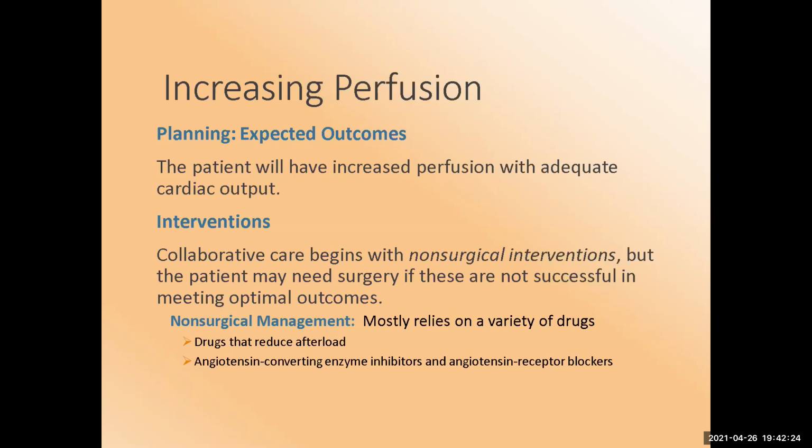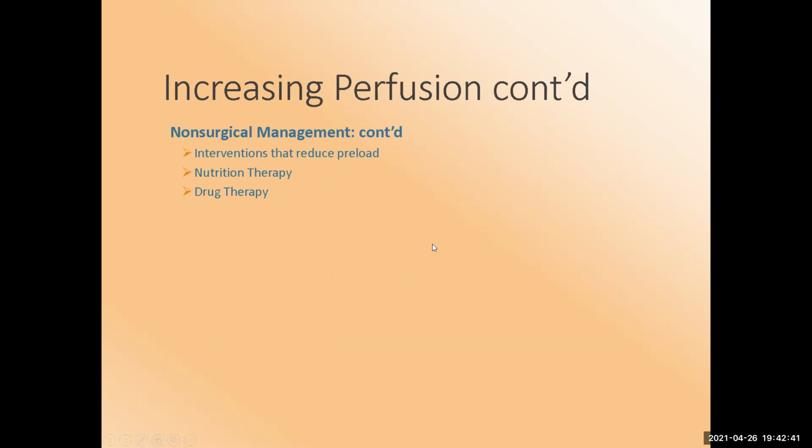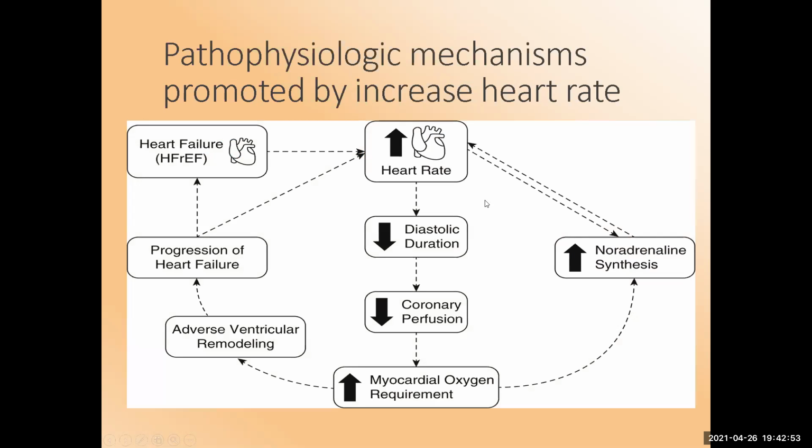We're going to want to look at non-surgical interventions, and that's going to be drugs that reduce the afterload, angiotensin converting enzyme inhibitors and angiotensin receptor blockers, and then some other interventions that reduce the preload, nutrition therapy, and more drug therapies. So let's go back over here.